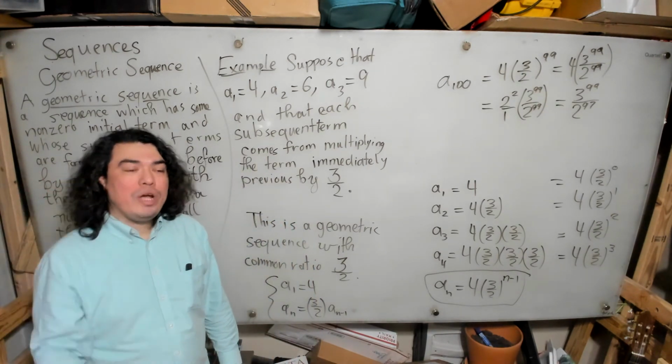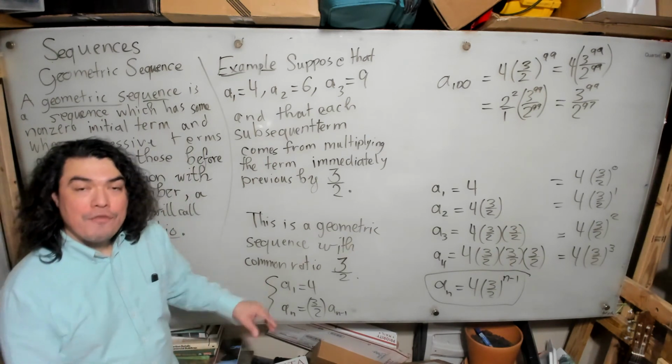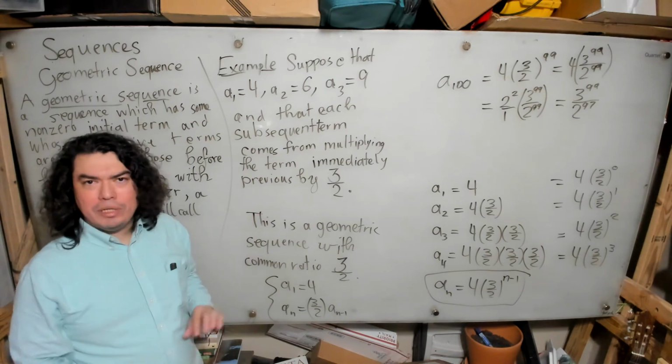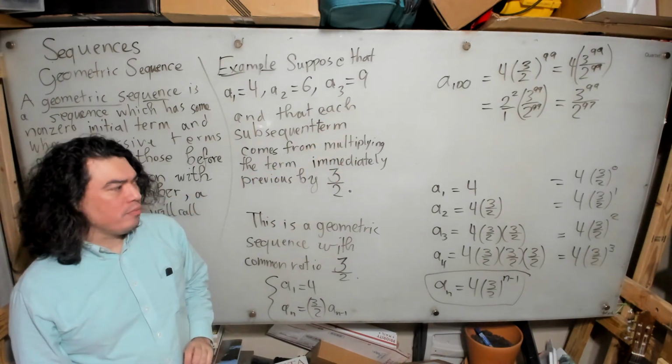Number two, we saw that we could recover the recurrence relation from observing the way that the table was built up, as we saw observing the pattern in the sequence.